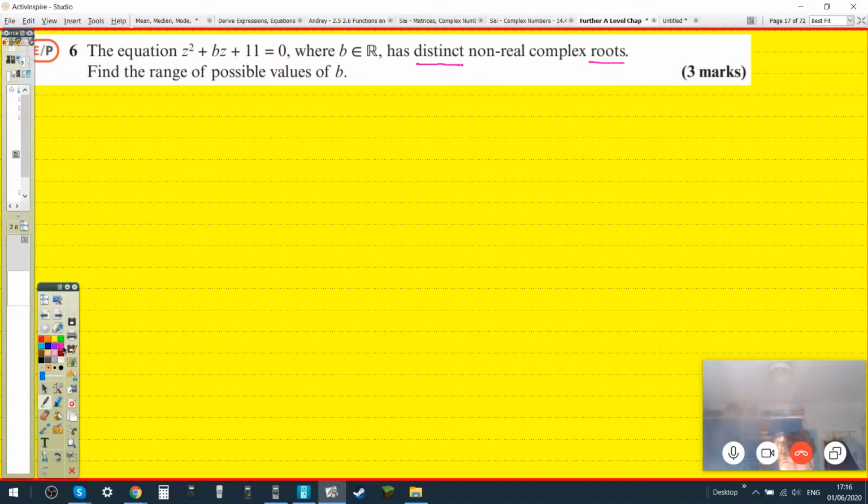It's got two. Yep. Non-real complex. What does that tell you? It's in the non-real plane, so it's going to be an i. Yeah, and when does that happen? When the number is a negative? Yes. When it's like a negative root? Yes.